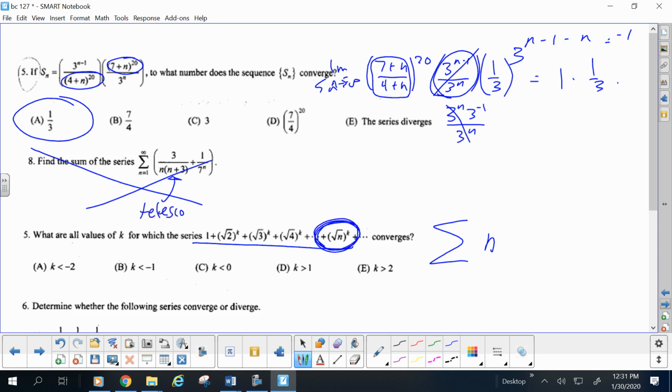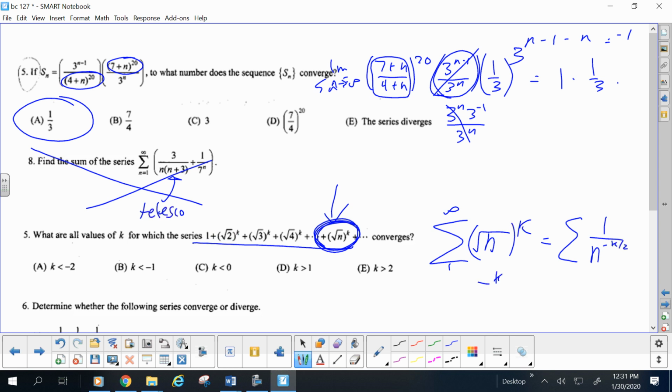Yes. So I was looking at this stuff for no reason. Is it looking like a p-series? Make it like a p-series. What is this? 1 over n to a power, what? Negative k over 2. Now that it looks like a p-series, now you can do the criteria.